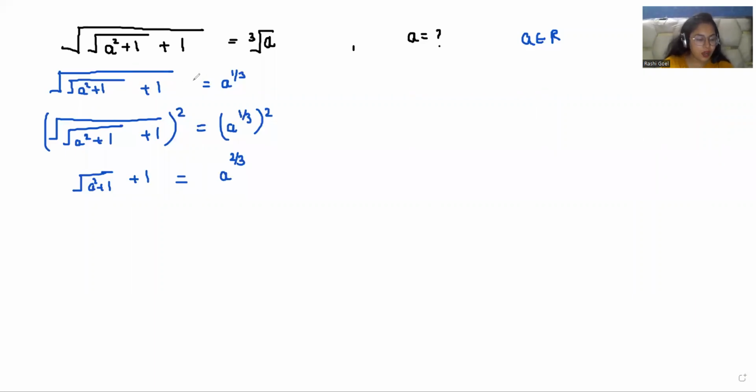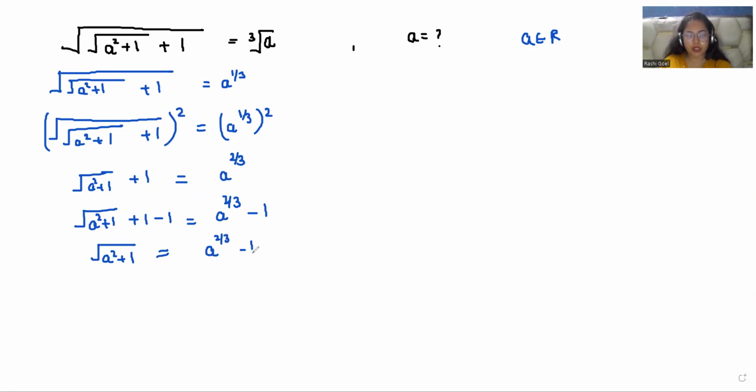Now, again I'm taking this plus 1 to the other side, so I'm subtracting 1 from both sides. So it becomes the square root of a square plus 1 minus 1 is equal to a power 2 by 3 minus 1. So the square root of a square is equal to a power 2 by 3 minus 1.